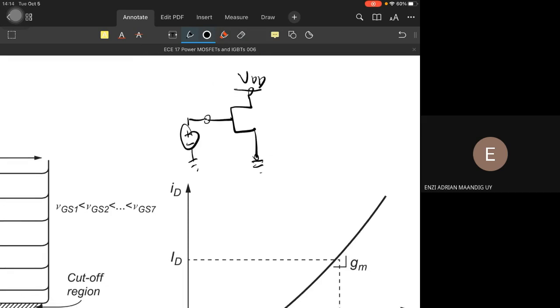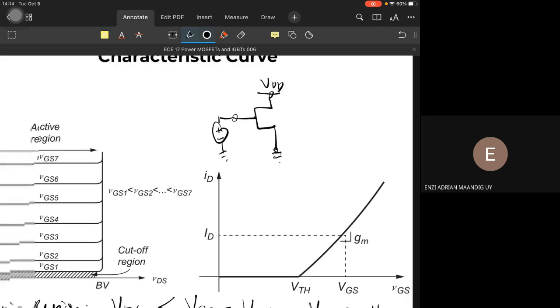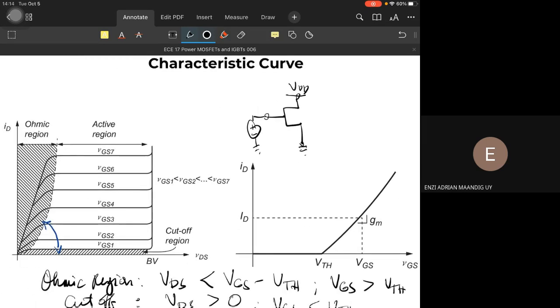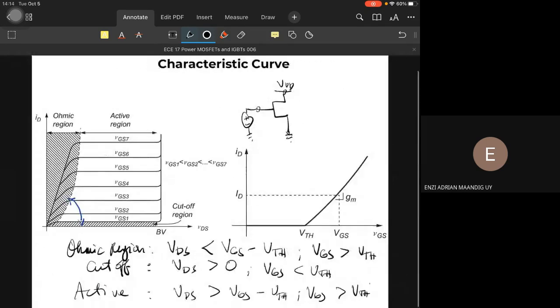VDS is equal to VDD if mag-conduct siya. So it's operating in the ohmic region if VDS, voltage across the terminals, is less than VGS minus VTH. No? So ohmic siya.